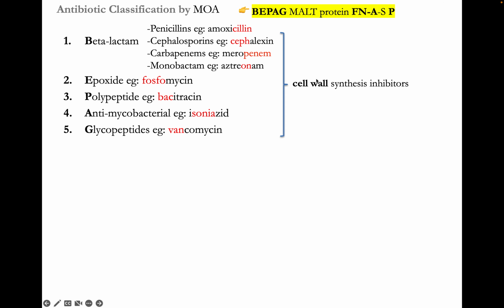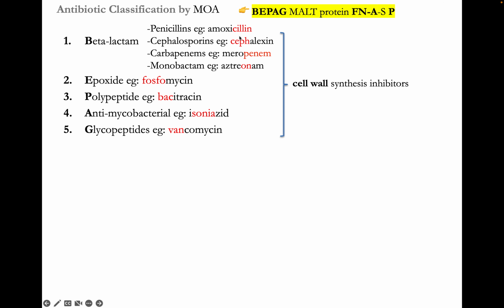So these are cell wall synthesis inhibitors, BPAG. All these major classes represent drugs which kill the bacteria by targeting cell wall synthesis. They break down the cell wall. Therefore, these are bactericidal drugs. Okay, caps and bold here.